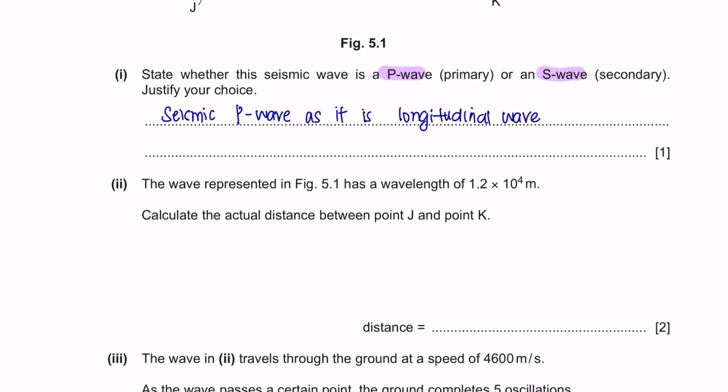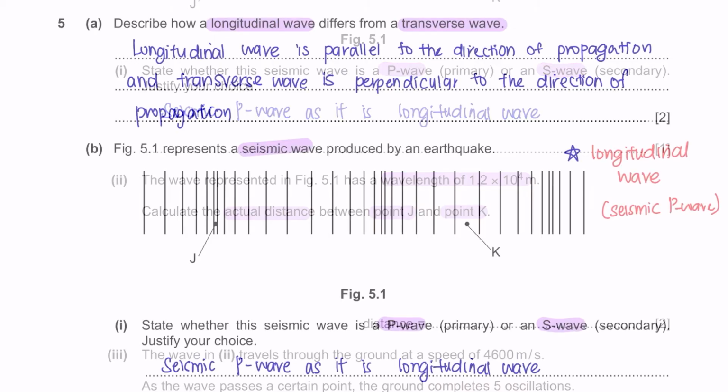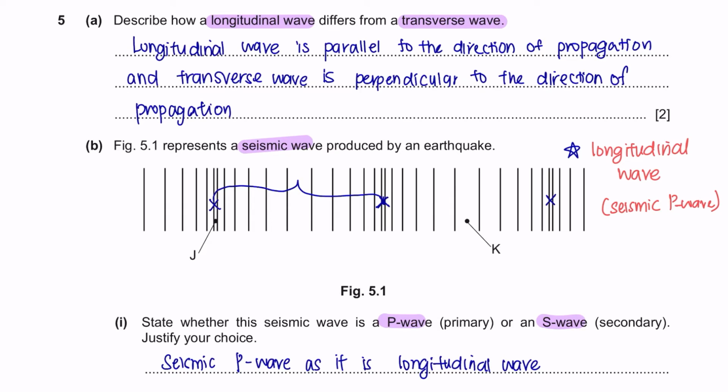Next, part 2. The wave represented in 5.1 has a wavelength of 1.2 times 10 to the power of 4 meters. Calculate the actual distance between point J and point K. We are given the length of one complete wavelength, which would be from the center of one compression to the center of the next compression. So here is one complete wavelength, and the next complete wavelength would be to the next center of compression.